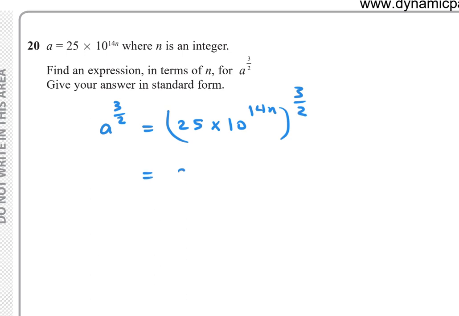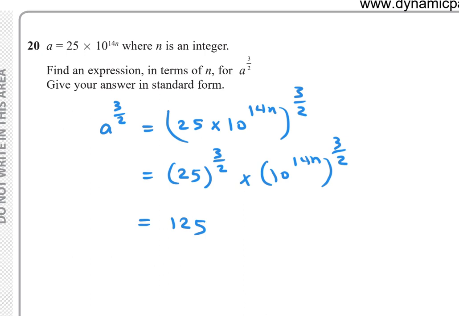So this means 25 power 3 over 2 distribute the power times 10 power 14n all power 3 over 2. 25 power 3 over 2, you can use your calculator to find the answer, equals 125. And now if you have two powers, multiply 3 over 2 times 14 equals 21, so times 10 power 21n.